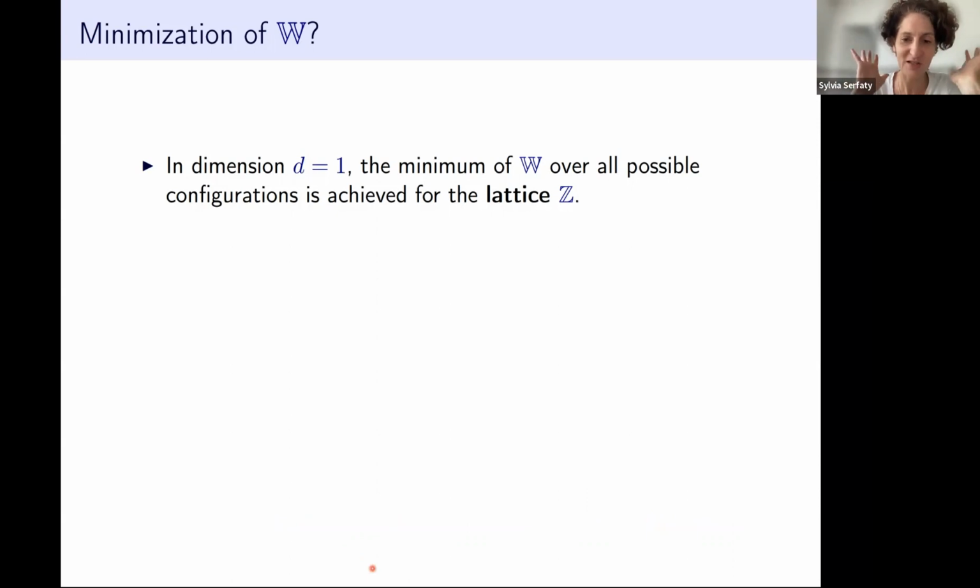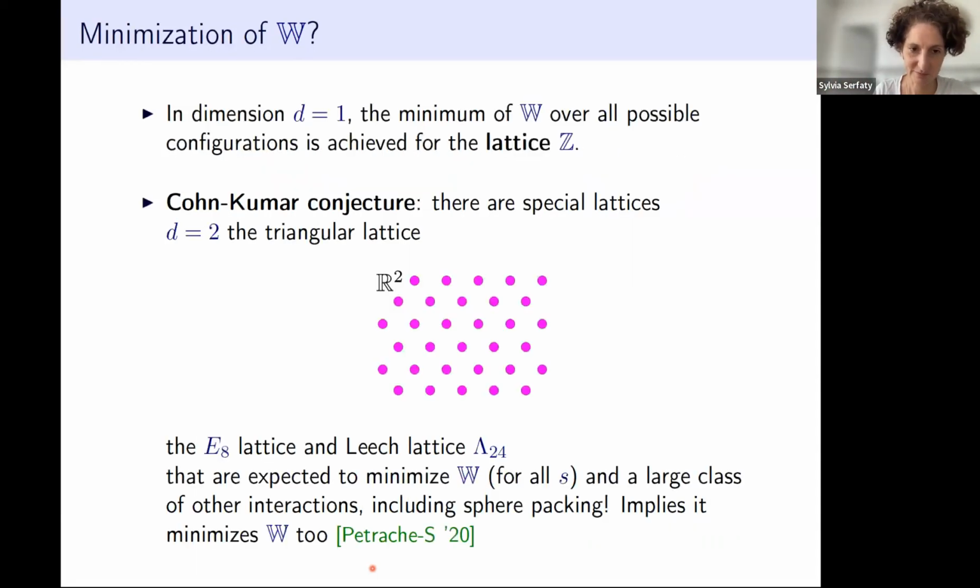In dimension 1, it's easy to prove. The minimum is achieved when you put all the points on a lattice, Z. In dimensions 2, 8, and 24, as you know, there is a conjecture called the Cohn conjecture that says in those dimensions, there are some special lattices.